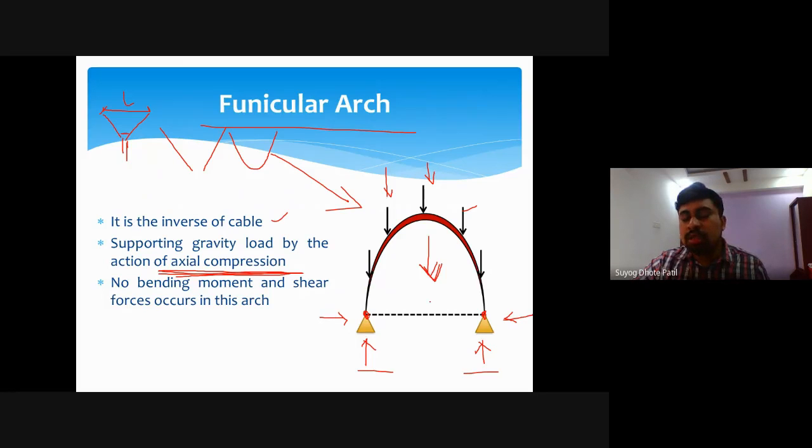This force will try to displace the funicular arch in the downward direction, whereas the support will try to push the arch in the upward direction, so ultimately it is under compression. Whatever forces move through this arch, the arch is completely in compression.